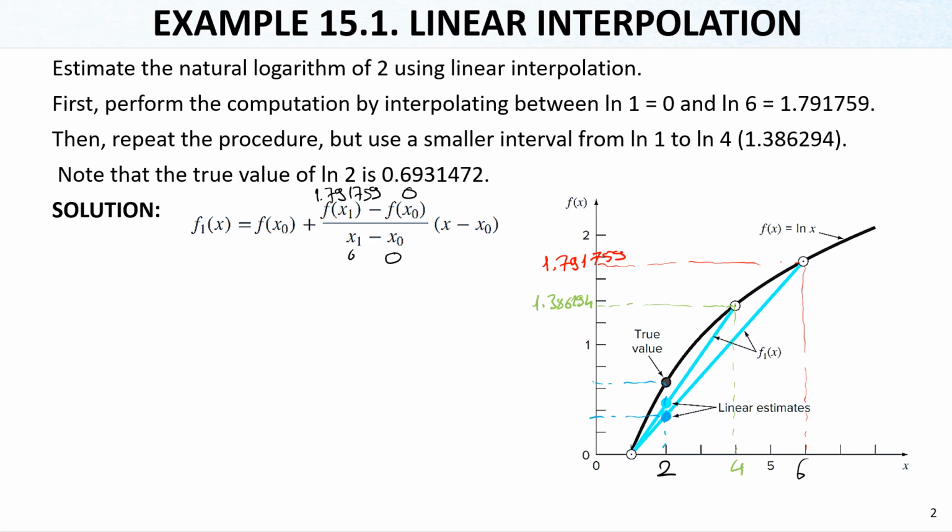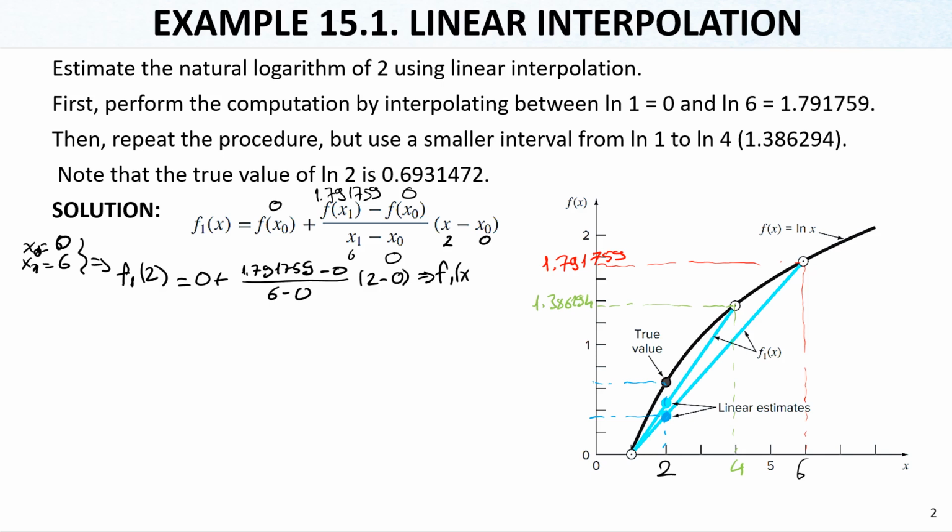So let's write it down. f1(2) equals f(x0), which is 0, plus 1.791759 minus 0, divided by 6 minus 0, times 2 minus 0. This is 2 because we want to find the value for 2.